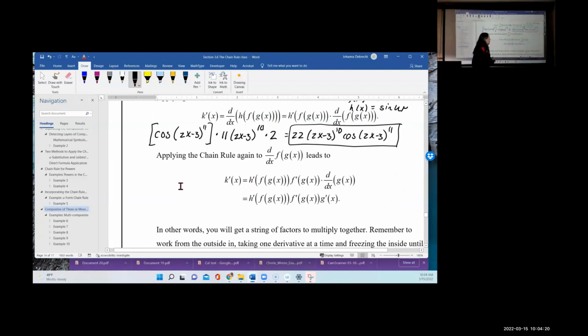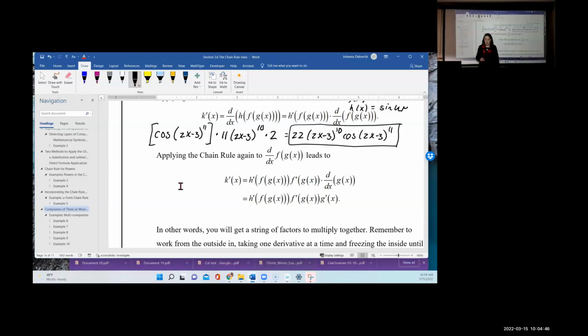And this is what it looks like when you write it out in terms of the chain rule. Derivative of the outermost layer, h prime, leave its inside alone, f of g of x. Then the derivative of the next layer, which is f prime, leave its inside alone, g of x. Then the derivative of the inside of the previous one, g prime of x.